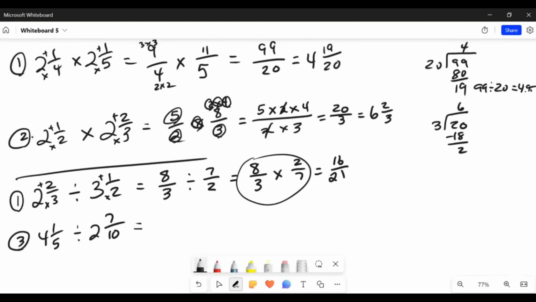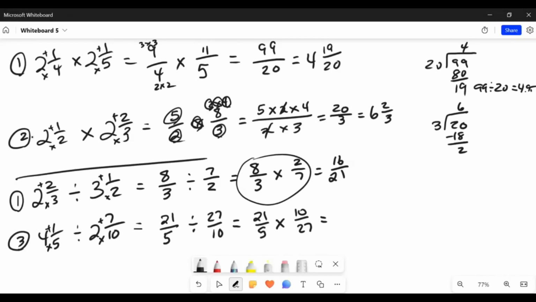So the first fraction we need to convert to an improper fraction. 4 times 5 is 20, plus 1 is 21 over 5, divided by, then we need to change this to an improper fraction. 2 times 10 is 20, plus 7 is 27 over 10. When we're dividing fractions, we keep, change, flip.